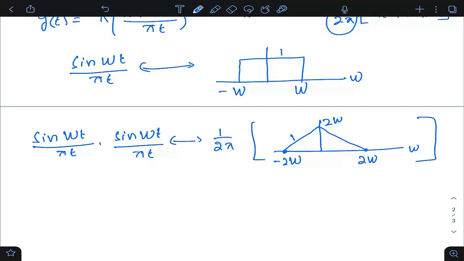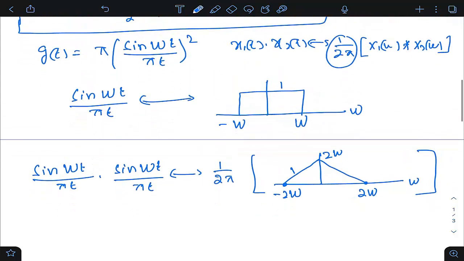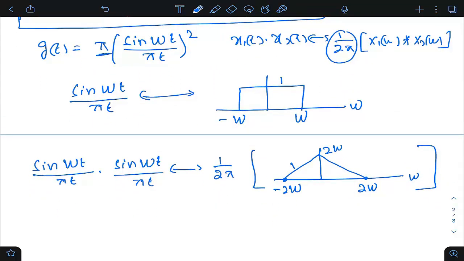So if I am multiplying sin(Wt) by πt with sin(Wt) by πt, this is the corresponding Fourier transform. But now there is one additional factor of π.